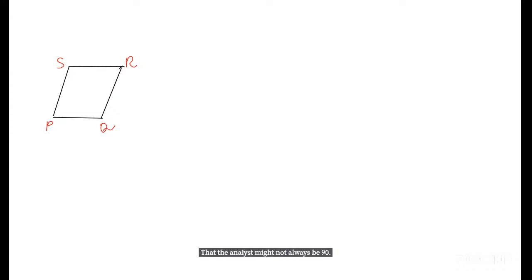Angles are sometimes right angles, but not always. The measure can be different from 90 degrees. In a square, we always have all right angles, but in a rhombus, it may not always be a right angle.